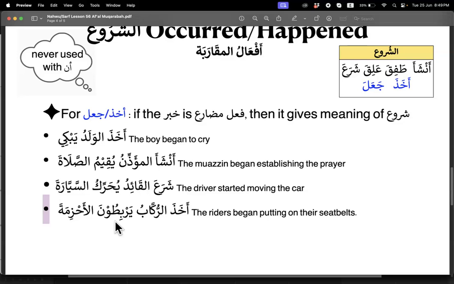Where is hum going back to? It's rukabu. Very good. Because this is a broken plural, yes, exactly. And then al-ahzima is maf'ul of this.